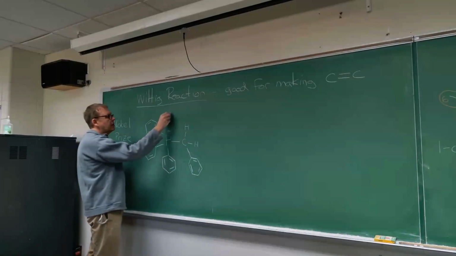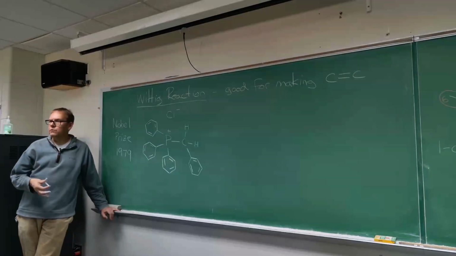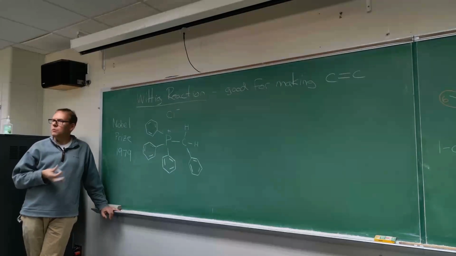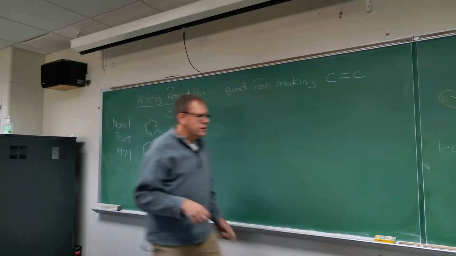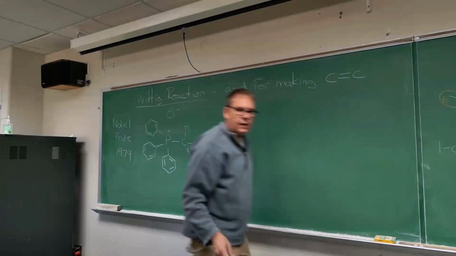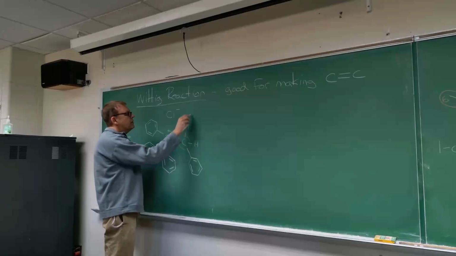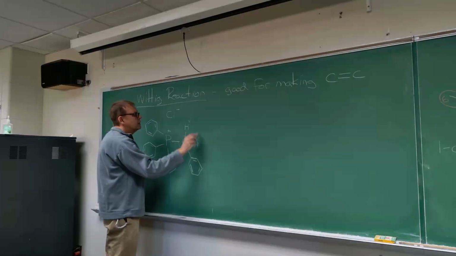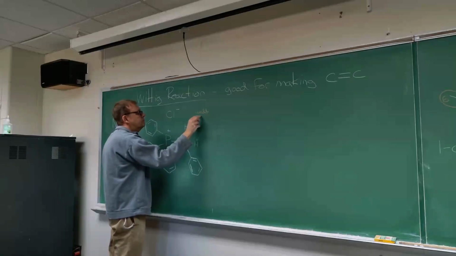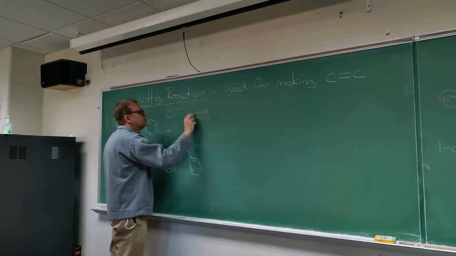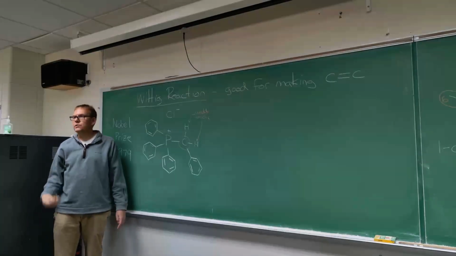And then there's got to be a counterion to it, and it could be many different things. Chloride is one option. In lab last week, we used a chloride-based salt. It could be bromide or iodide, but there it is with a chloride salt. Now, these phosphonium salts have protons on this carbon. So that carbon right there, these protons are weakly acidic, which means that you can pluck them off with a strong base.